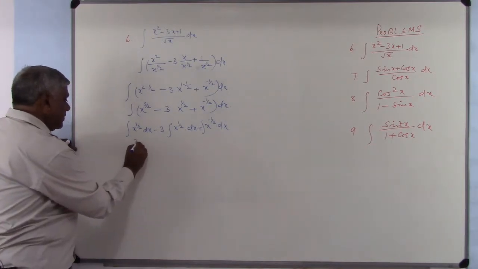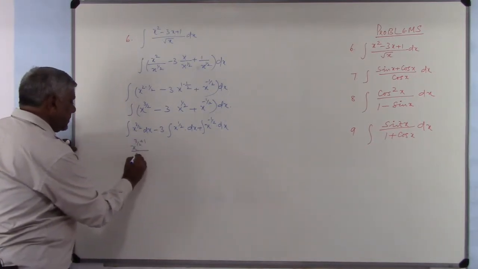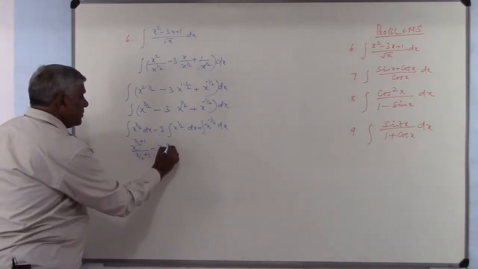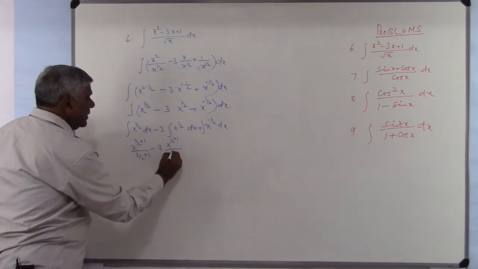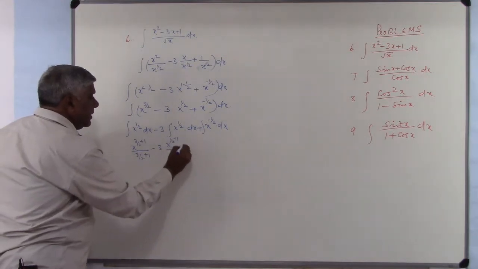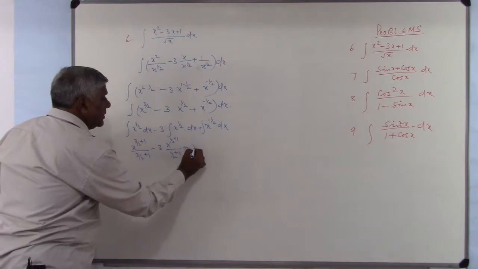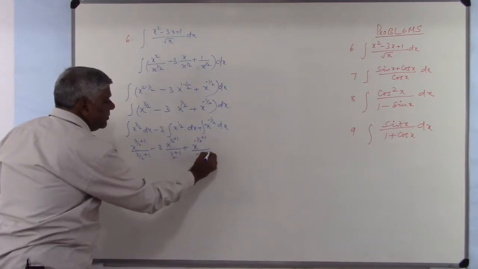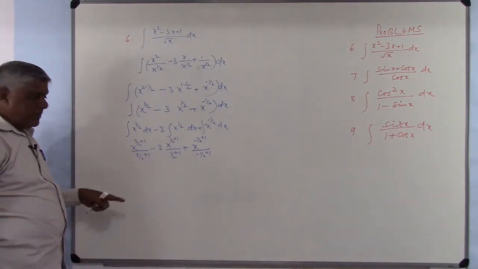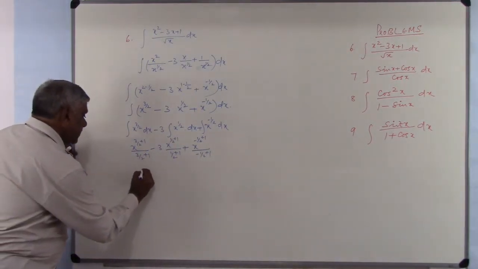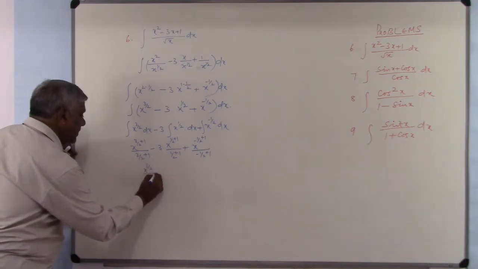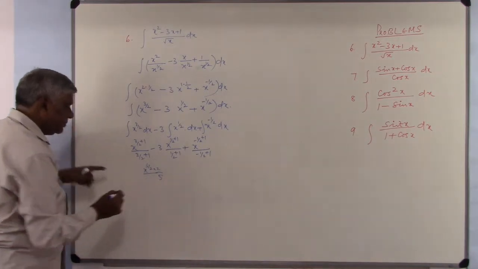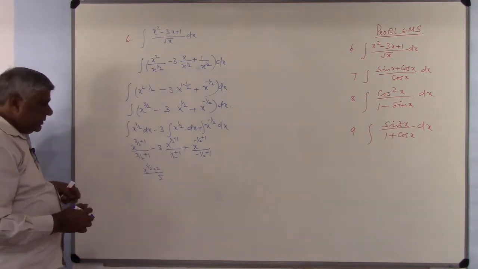x to the power of 3 by 2 plus 1 divided by 3 by 2 plus 1, minus 3 into x to the power of half plus 1 divided by half plus 1, plus x to the power of minus half plus 1 divided by minus half plus 1. We have applied the power formula. x to the power of 5 by 2 divided by 2 by 5, it goes to the top.